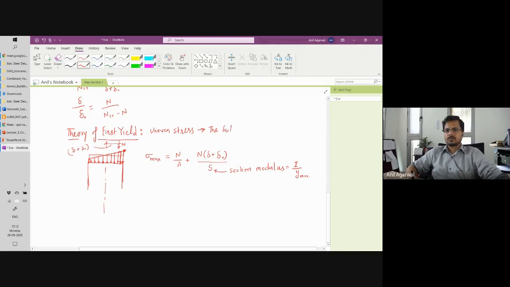The failure takes place when the first fiber yields. That is why it's called first yield theory, when the first fiber yields.